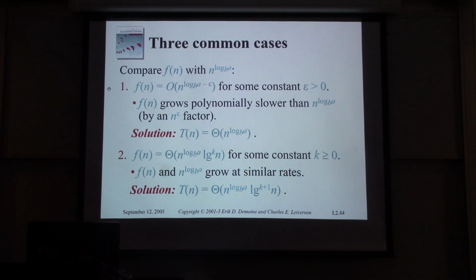A is 8, b is 2. So log base 2 of 8 is what? 3. So that means that now if, for example, your f of n, your actual work, is theta n cubed, then your k is 0. Why?